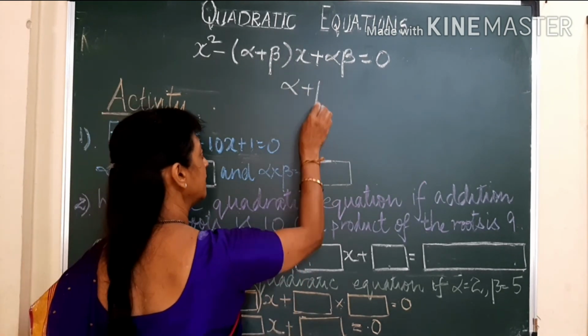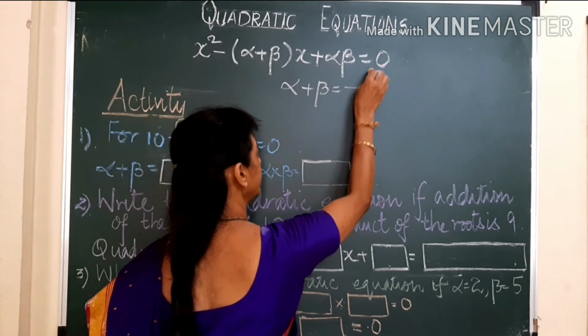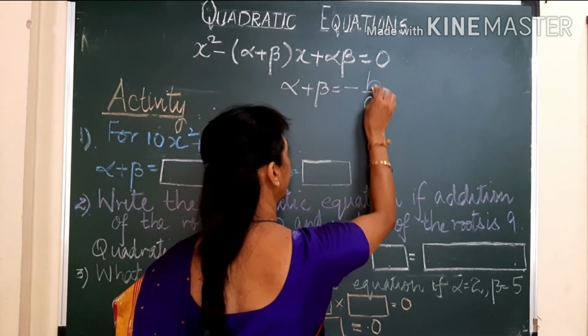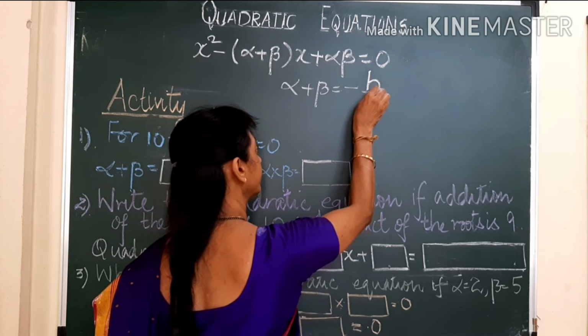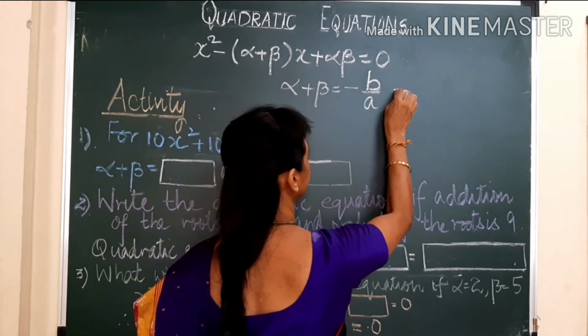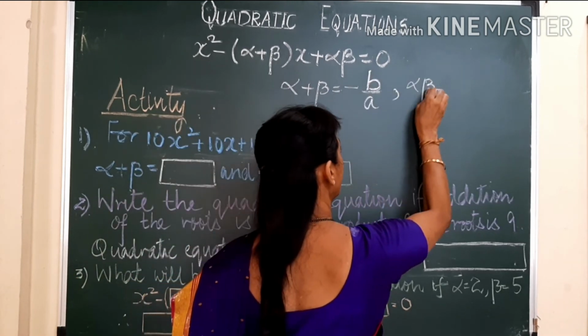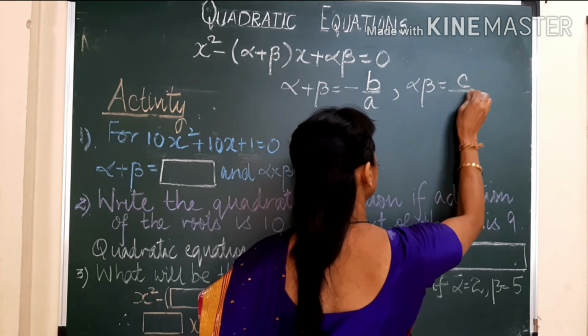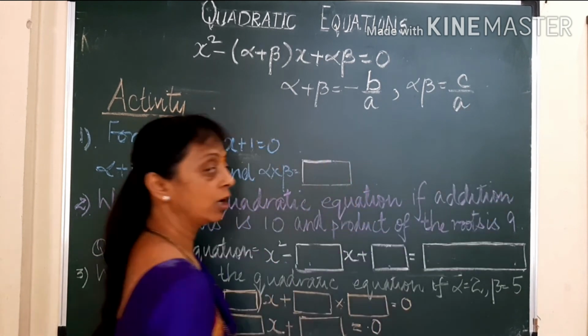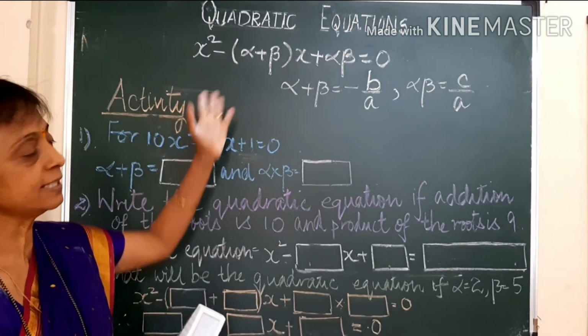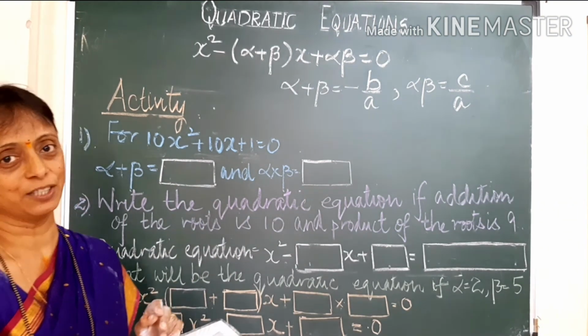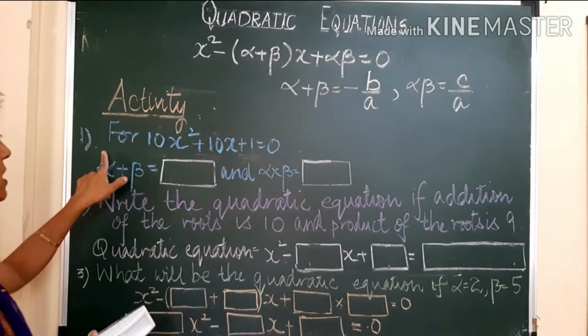Alpha plus beta was found to be minus b upon a, and alpha beta was c upon a. Using this, we will solve this activity. Now, let's see the first problem.